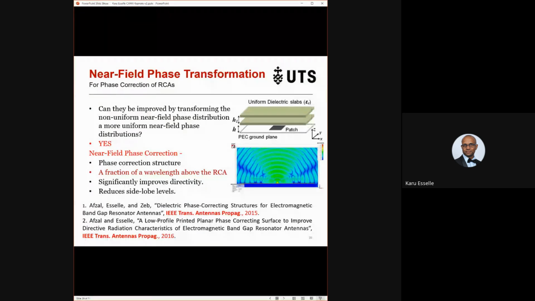The second paper is a low profile, printed planar phase correcting structure to improve the directive radiation characteristics of electromagnetic bandgap resonators. We did not call it a metasurface in those days, we just called it a planar phase correcting surface. Now we call them metasurfaces as the terminology changed.